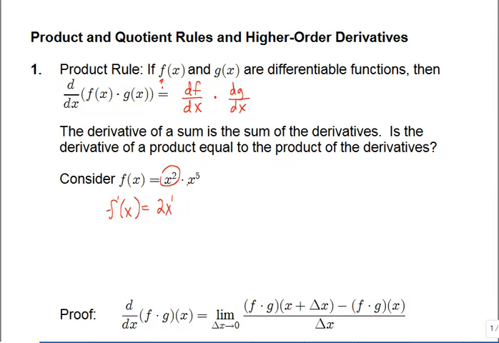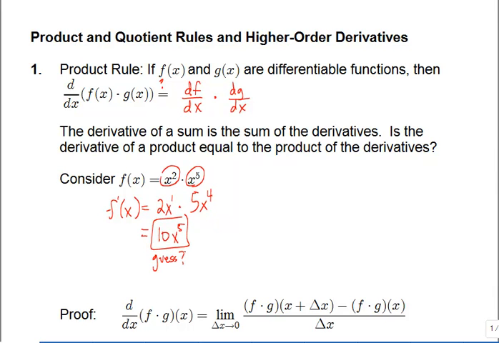If we take the derivative of our second function, x to the fifth, using the power rule, we would bring down the 5 and subtract 1 from the power, which makes this 5x to the fourth. And then according to our guess, we should be able to just multiply those two derivatives together to get our final answer. So 2 times 5 is 10, and x times x to the fourth is x to the fifth. So this is what our guess would be.